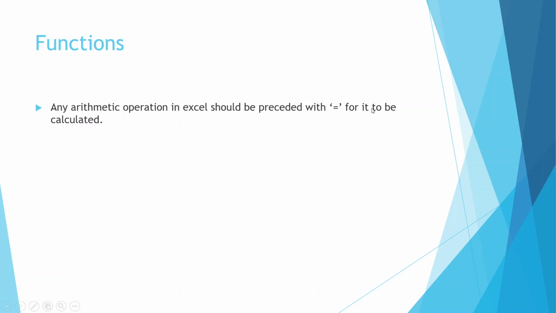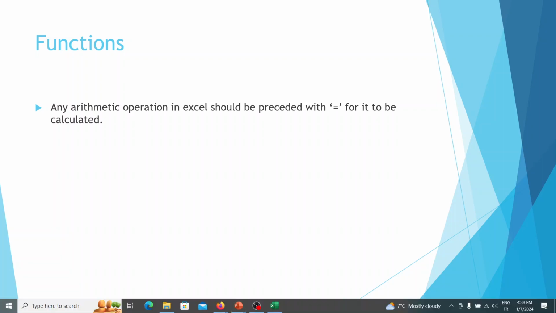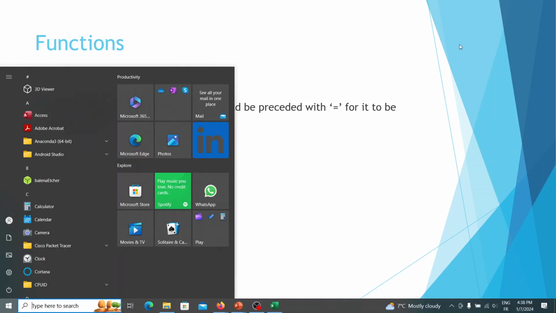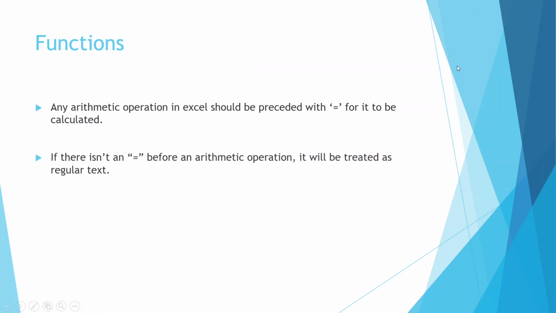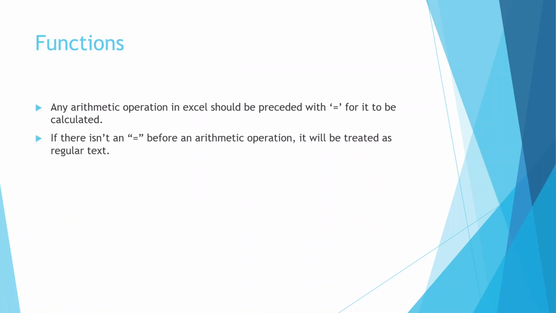Any arithmetic operation in Excel should be preceded with an equal sign for it to be calculated. What we mean by that, I'm going to give you an example after we finish this section. If there isn't an equal sign before an arithmetic operation, it will be treated as regular text. For example, the expression 9 plus 2 written in a cell stays as it is.